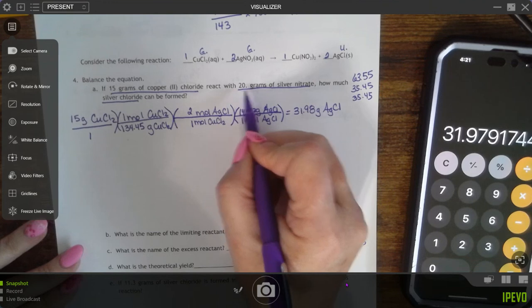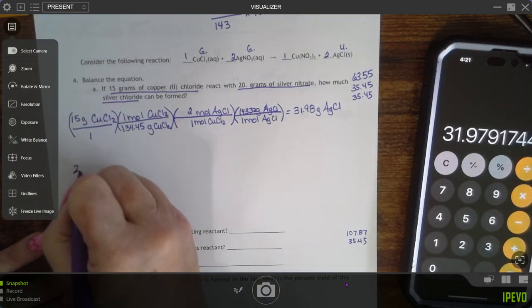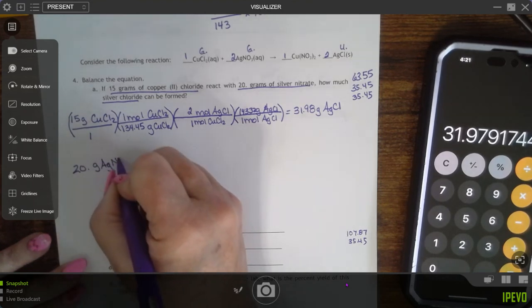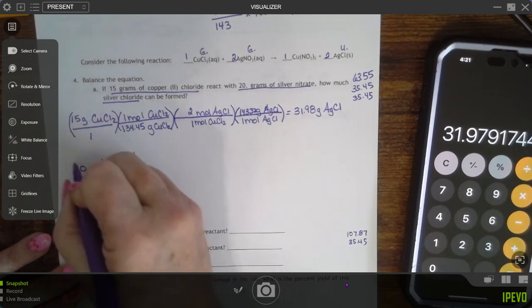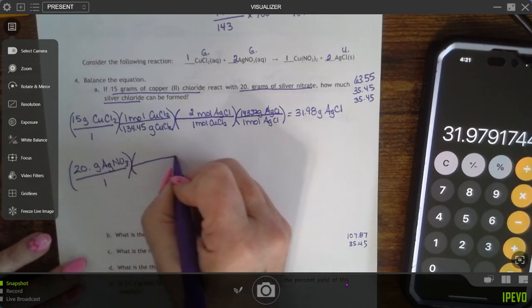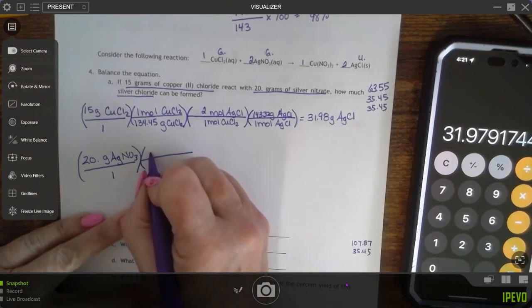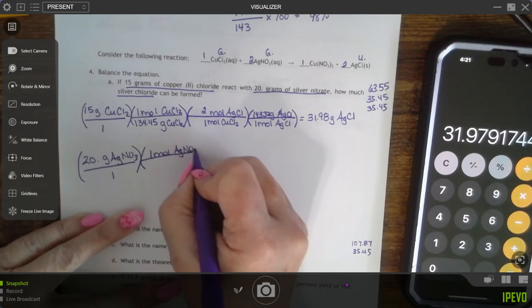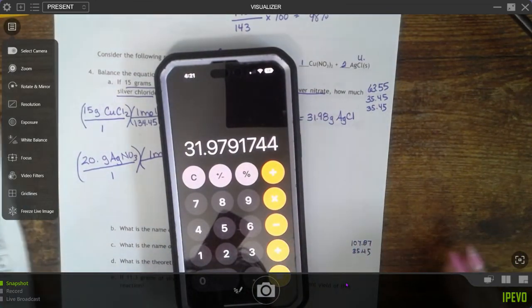All right, now we're going to do the second problem. We're going to start with 20 grams of silver nitrate, which is AgNO3. So step 1 is to convert from grams to moles. So 1 mole of silver nitrate. We need the molar mass of silver nitrate. So let's see.